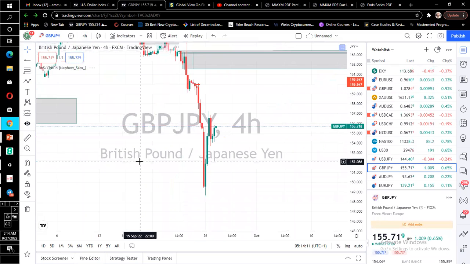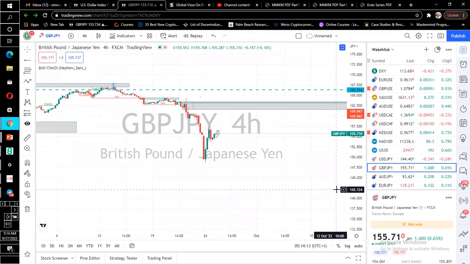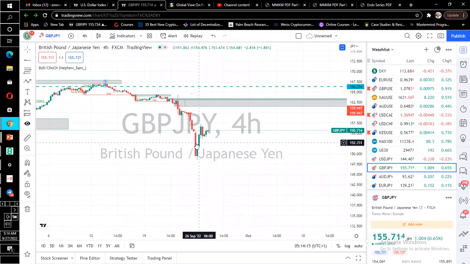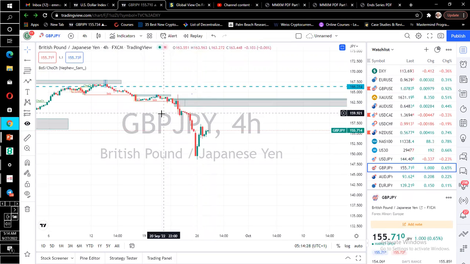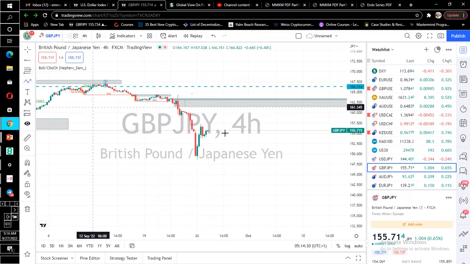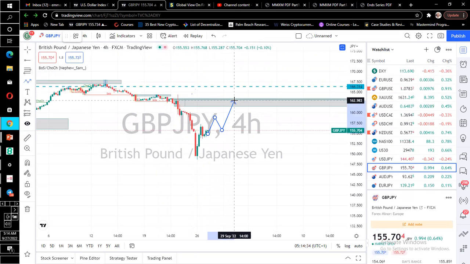Going back to my 4 hours. So we'll have this. It has traded into FVG. It could not go down because there's an FVG here. Entered into this FVG, what we expect is to the upside. So I will say bullish on this. Bullish on this for now.